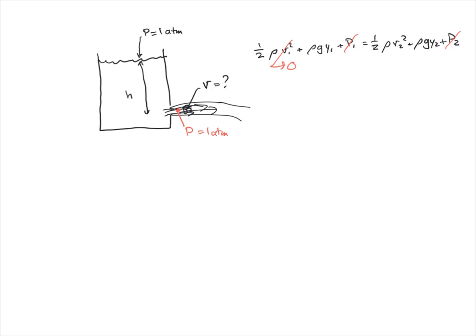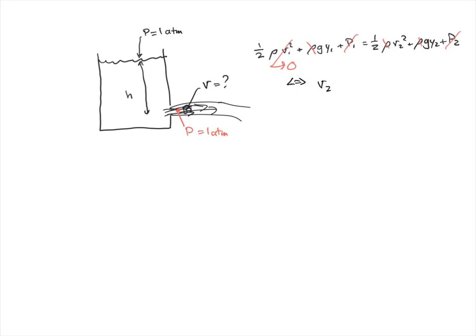And then we can rearrange to solve for our desired unknown, which is v2. We notice that each of the remaining terms has this common factor of rho, so we can cancel that out. And then rearrange to solve for v2.